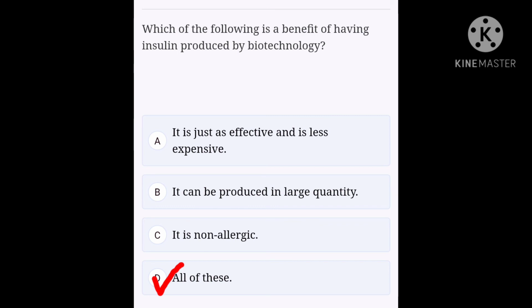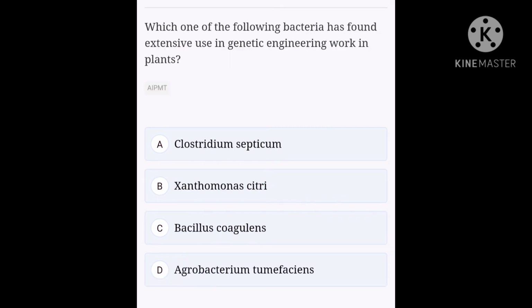Next question, which one of the following bacteria has found extensive use in genetic engineering work on plants? Option A, Clostridium septicum. Option B, Xanthomonas citri. Option C, Bacillus coagulans. Option D, Agrobacterium tumefaciens. Agrobacterium tumefaciens has been extensively used in genetic engineering experiments. It is the causative agent of crown gall, an important disease of many commercial crops.